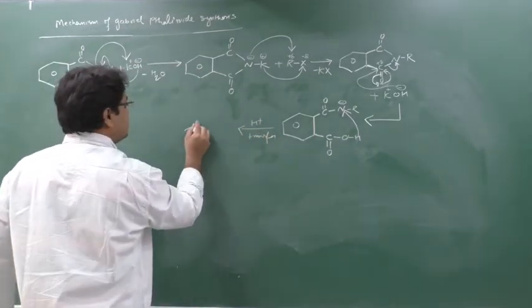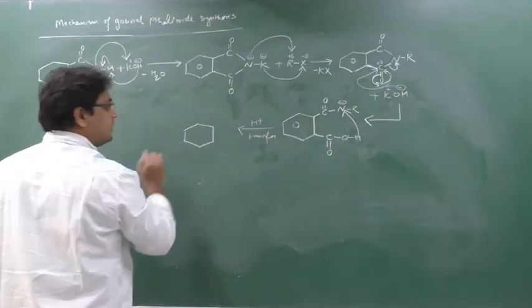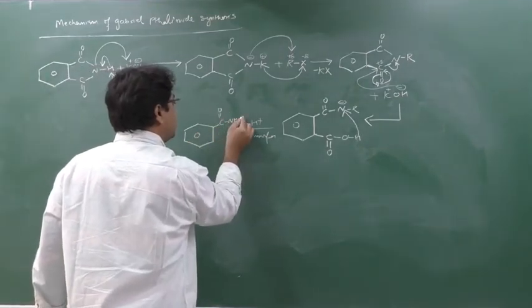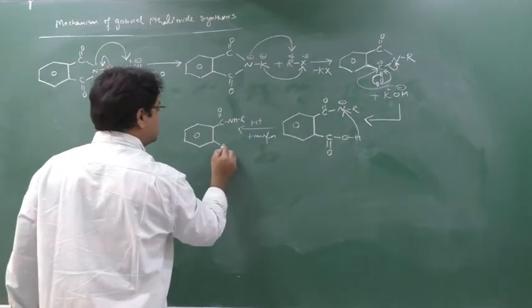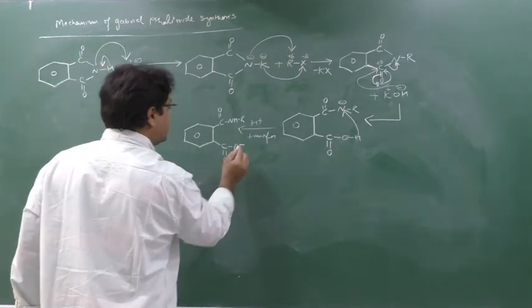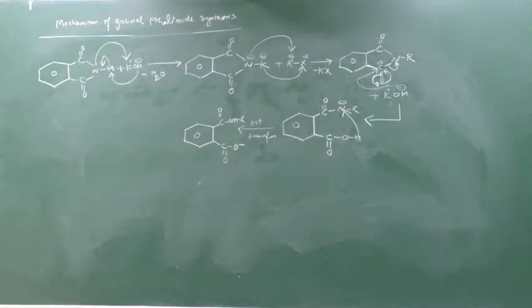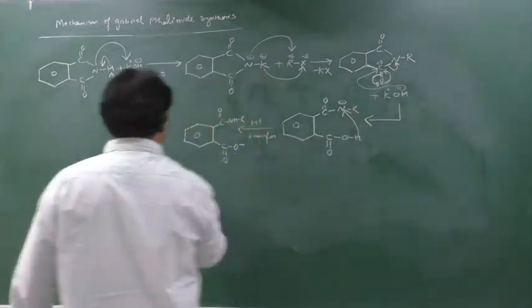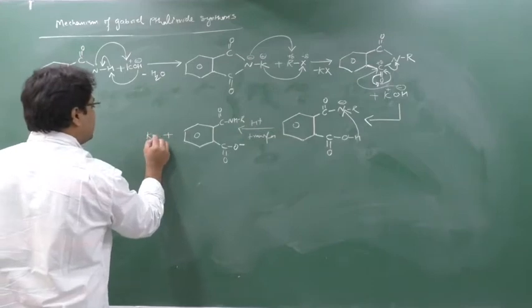So what will happen? You will get here C double bond O, NH and R. Here you will get C double bond O minus, because H is removed as H plus. This was the first story. Now this story, repeat it. Again you may react with KOH, beta.